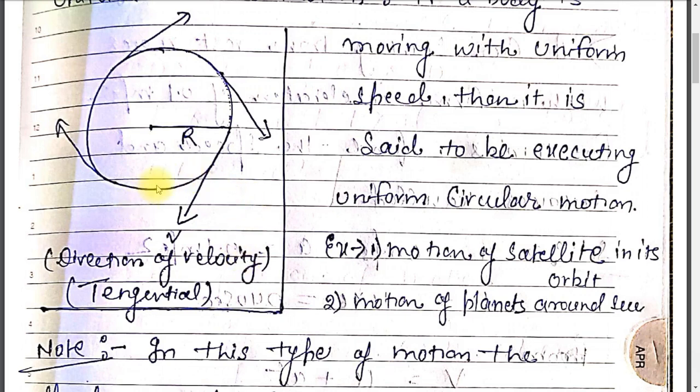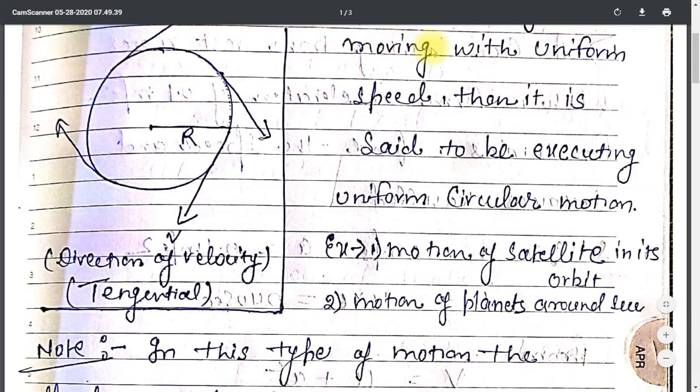Now if we move to this point and draw the tangent along this point, that tangent will define the direction of the velocity. So at every point, if we construct a tangent along the circular path, that tangent defines the direction of the velocity.